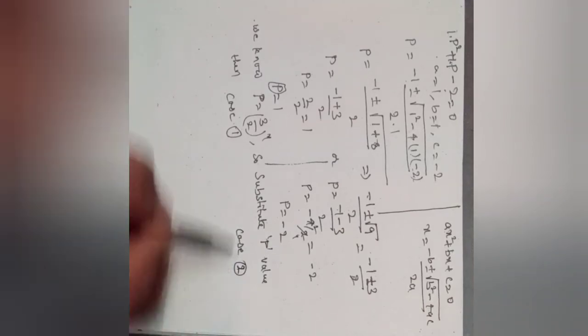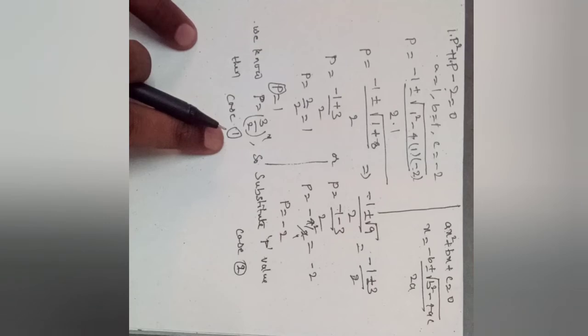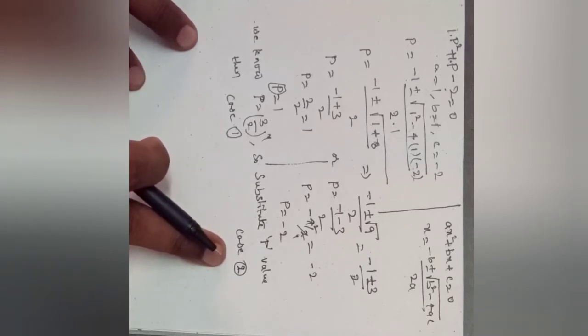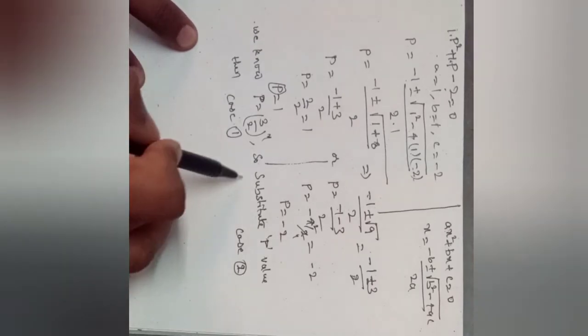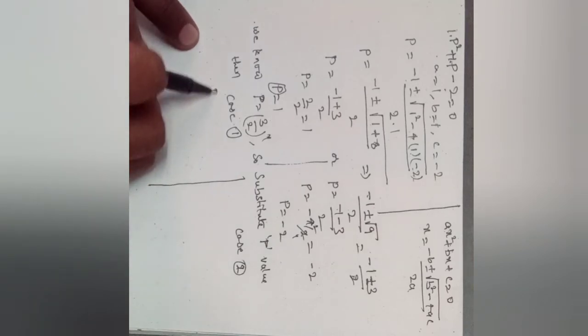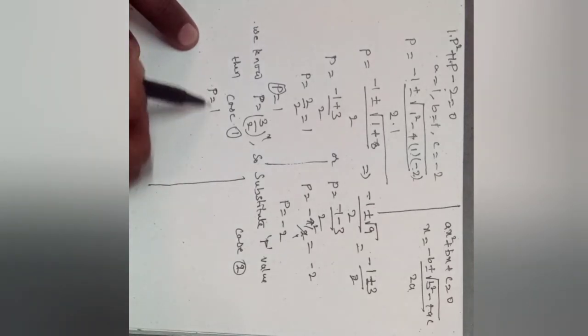For both the values of p, we have to solve it for two values, that is case 1 and case 2. For case 1, when p is equal to 1, this p value is (3/2)^x is equal to 1.